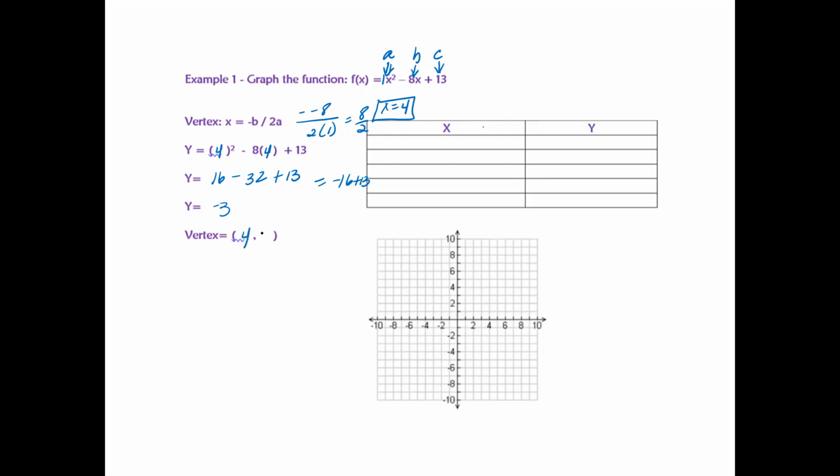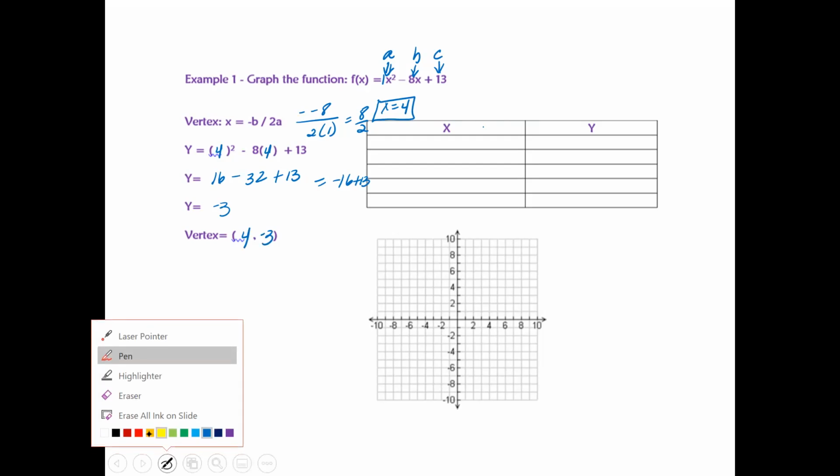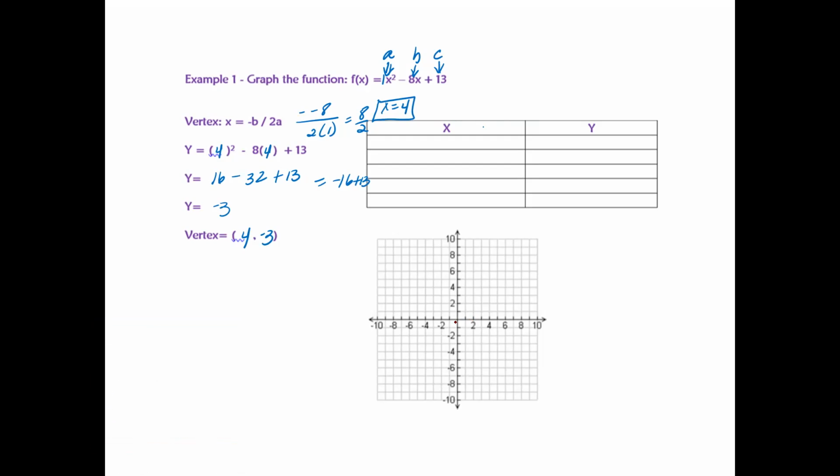So your vertex is 4, -3. So on your graph, we're going to go 1, 2, 3, 4, -1, 2, 3. Is it a happy face or a sad face? Well, it looks like it's going to be a happy face like this because it's a positive x squared.